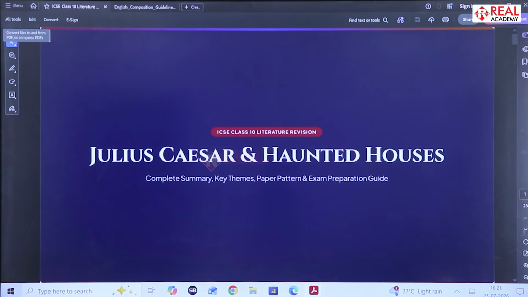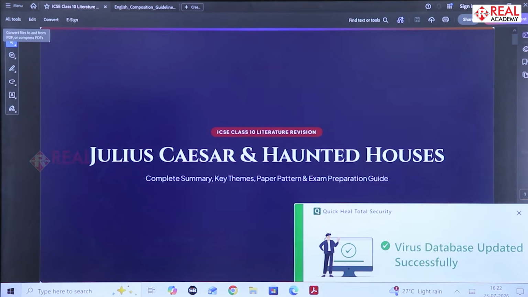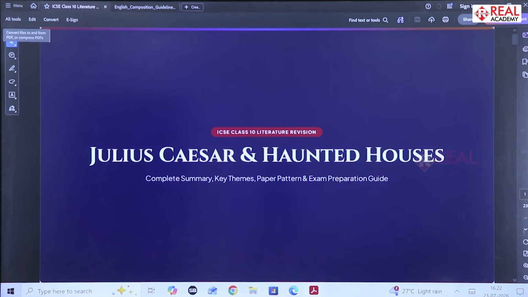From the students' perspective, students find a lot of challenges in the poem The Haunted Houses. The poem itself is a little complicated and it needs constant vigilance regarding each and every stanza, each and every inner meaning, and the context it is referring to.